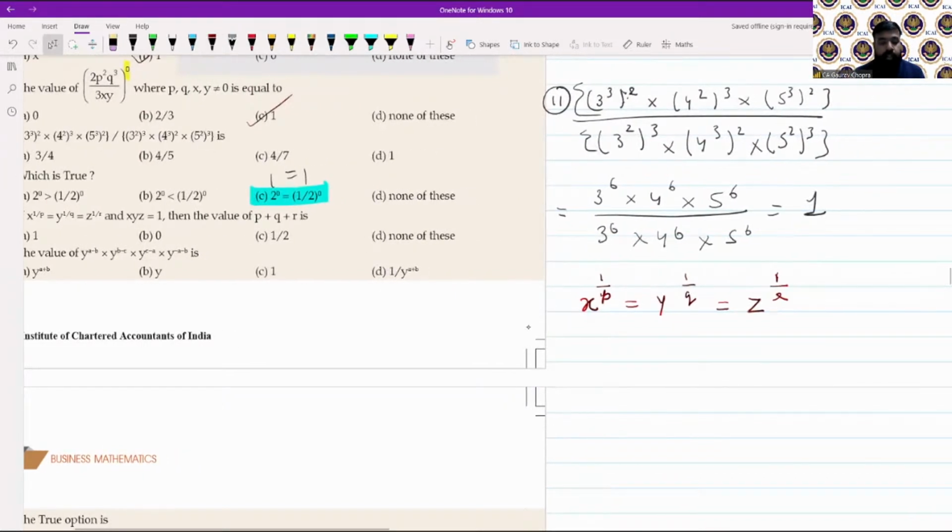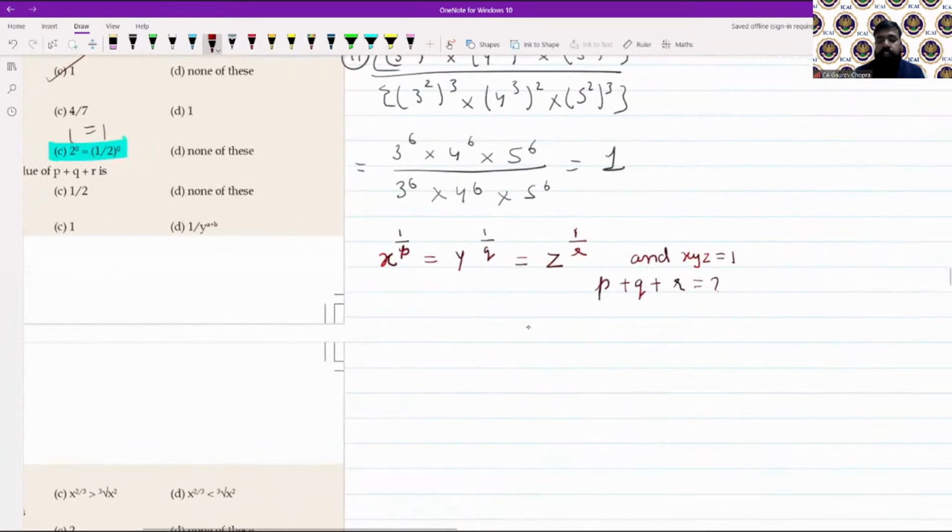This is given. And also it says that xyz is equal to 1. Then find out the value of p plus q plus r.